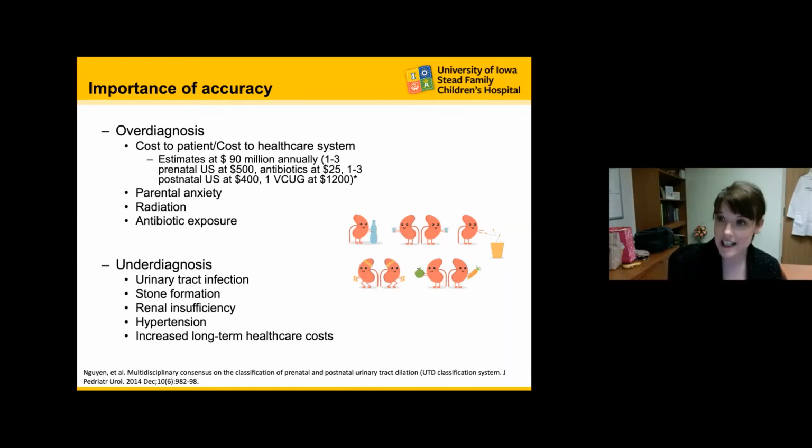And then if they need additional studies like VCUG or MAG3, they're potentially getting more radiation. And they may get unnecessary antibiotic exposure as well. If we underdiagnose urologic pathology, then this is obviously where the true pathology comes into play. We may be missing urinary tract infections and ultimately effects on renal function.